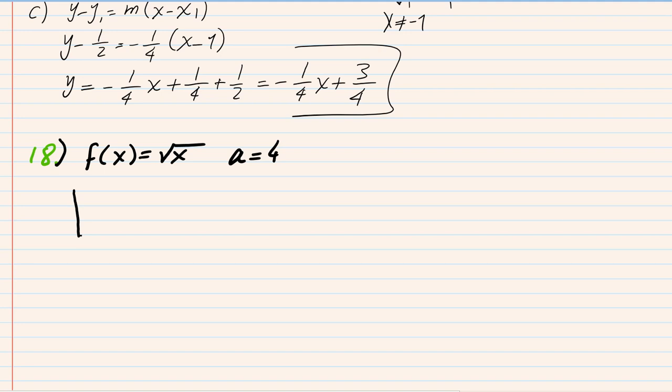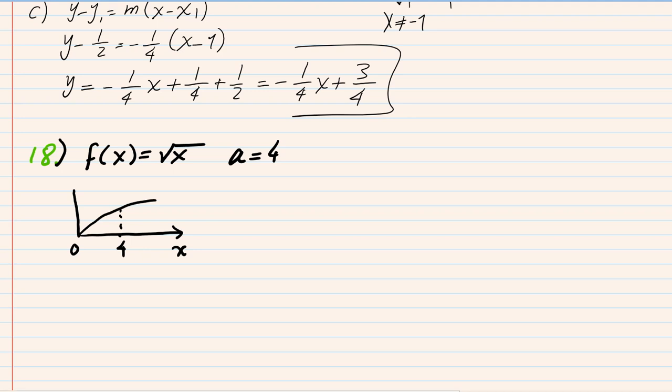It's not difficult to graph this one. You have your basic square root function. This is 4 and here is x. So let's see how this works out. We want to find the instantaneous rate of change at a equals 4.